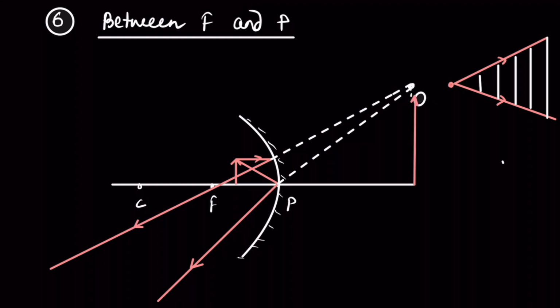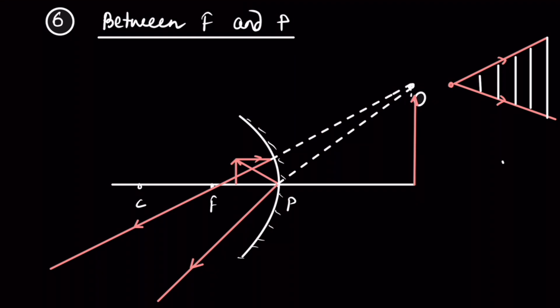I hope you understood this concept. My point was, when anything is diverging in nature, there must be a source point from where it started diverging. So here point O is our source point from where these two reflected rays are diverging.